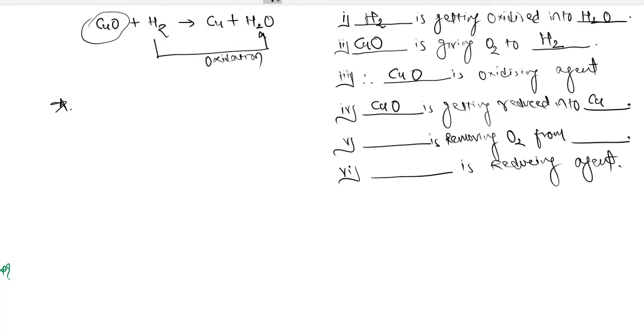Oxygen is getting removed from copper oxide, that's why it is getting reduced into copper. Who is responsible for removing oxygen from copper oxide? Hydrogen.